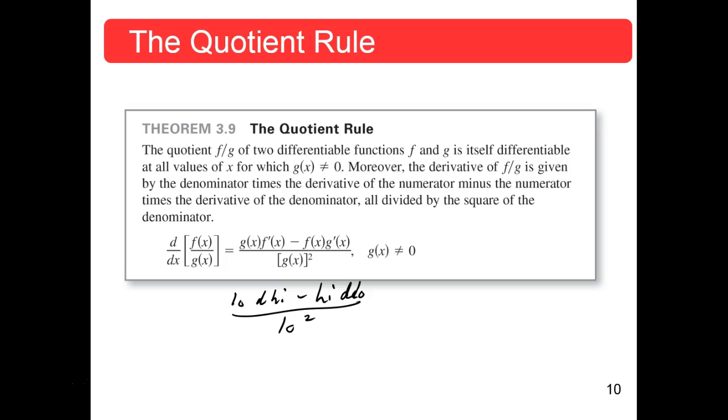And what he means by that is the denominator, the low one, times the derivative of the high one, the numerator, minus the high times the derivative of the low, over low low. And it's so much easier to remember than the other, it seems like. You just have to remember you start low. Low d high minus high d low over low low. Okay? The words up here or this here, however you want to remember it, that's the quotient rule. Low d high works pretty well for me.